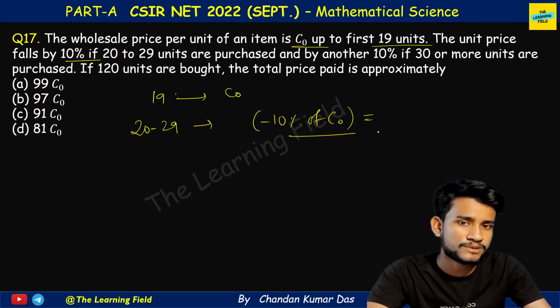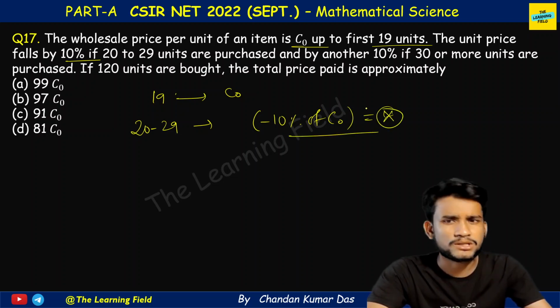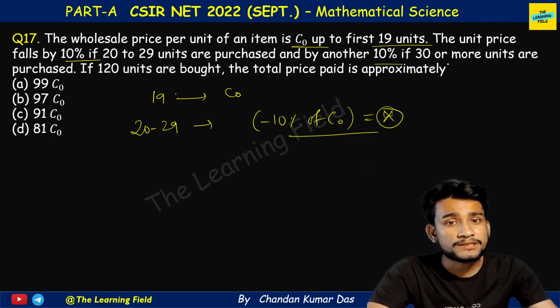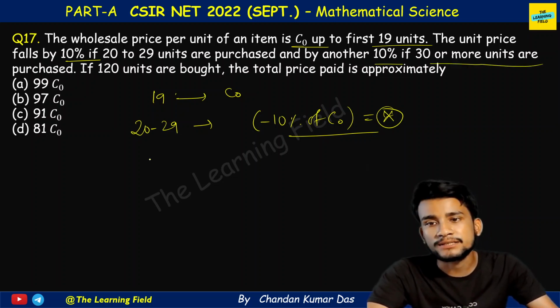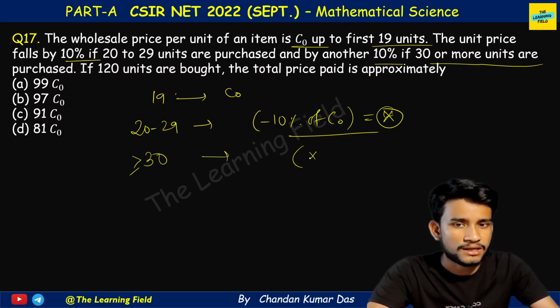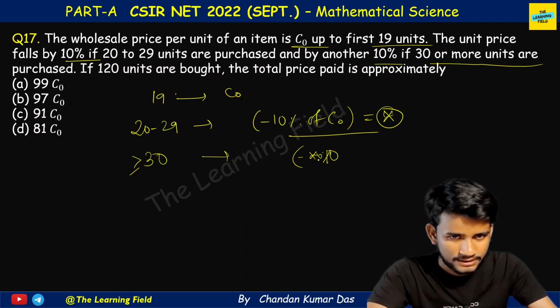Suppose this value is star. Then after that, by another 10% if 30 or more units are purchased, that is greater than or equal to 30, we get 10% less of star.